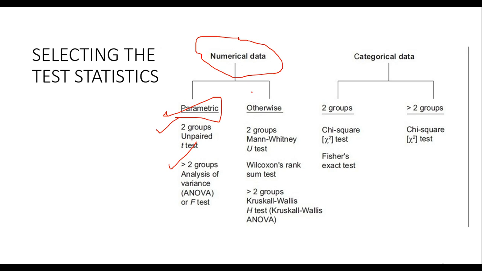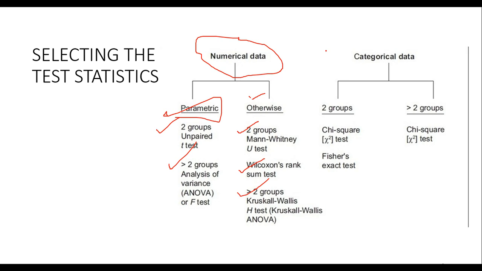But if it is ordinal or nominal data, not interval or scale, then for two groups we go for the Mann-Whitney U test, or Wilcoxon rank sum test. If there are more than two groups, then rather than the Mann-Whitney U test, we go for the Kruskal-Wallis H test, or some people call it Kruskal-Wallis ANOVA.